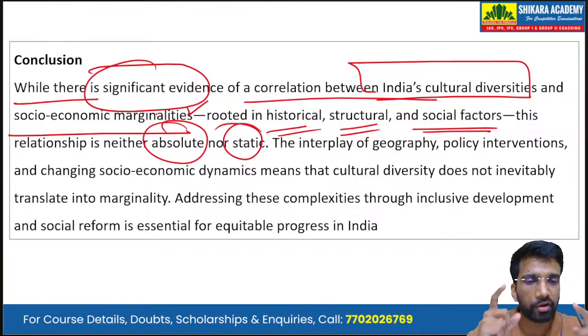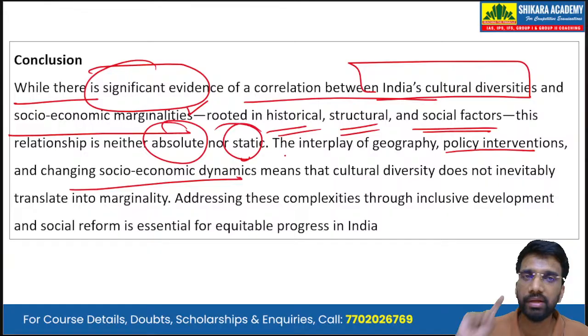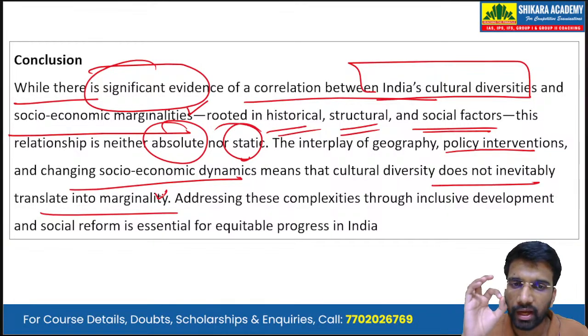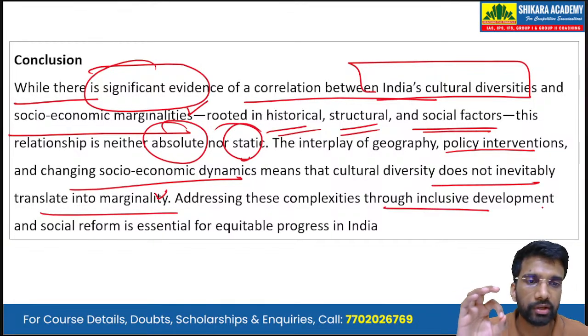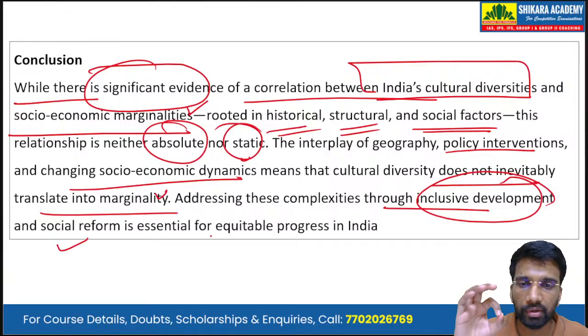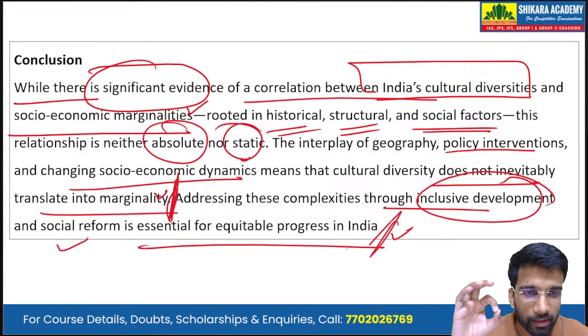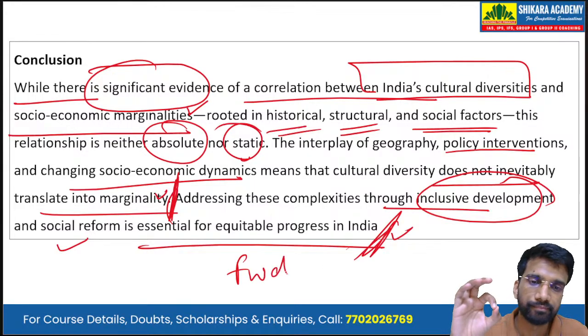The interplay of geography, policy interventions, and changing socioeconomic dynamics means that cultural diversity does not inevitably translate into marginality. Addressing these complexities through inclusive development and social reform is essential for equitable progress in India. And this is our forward looking line.